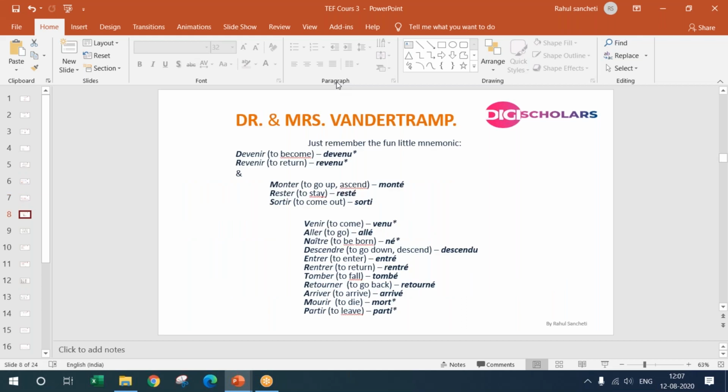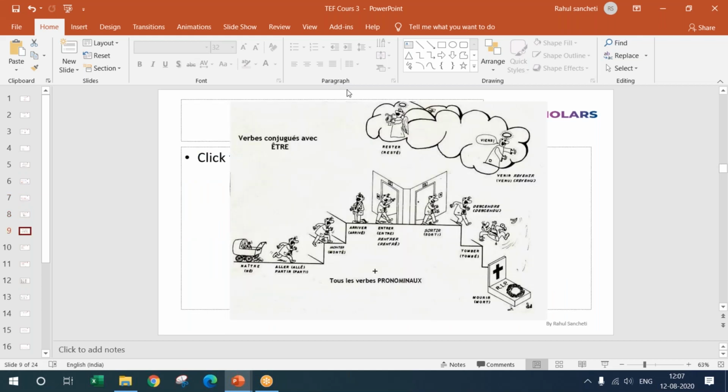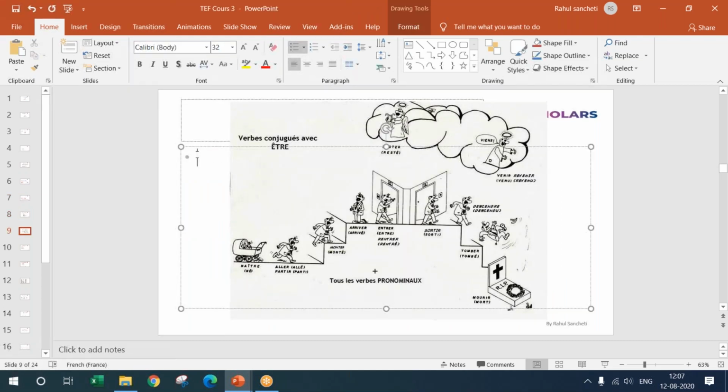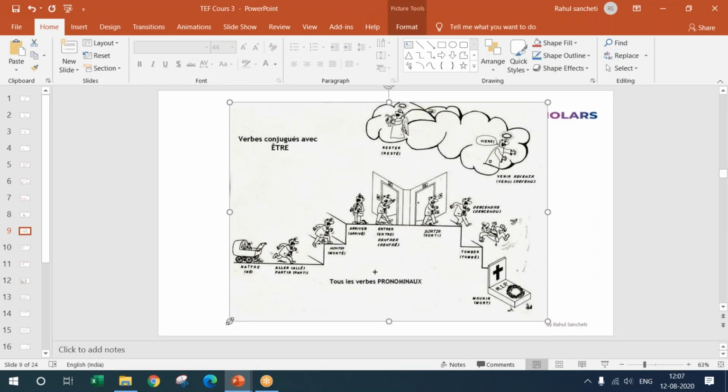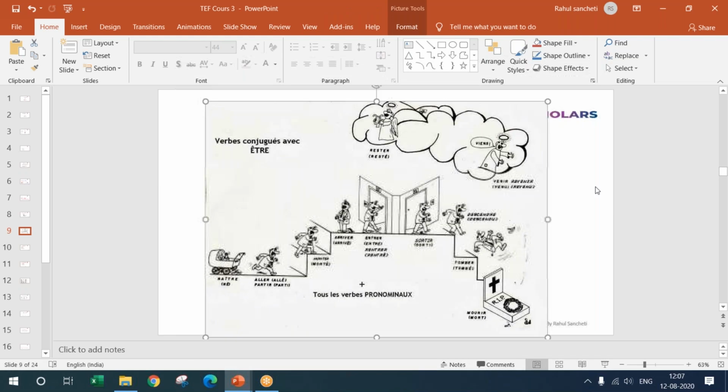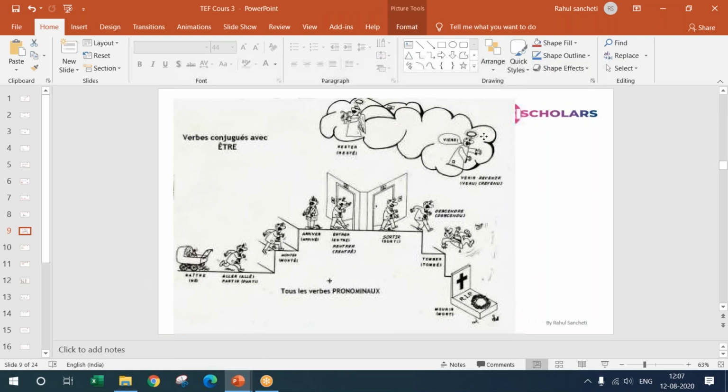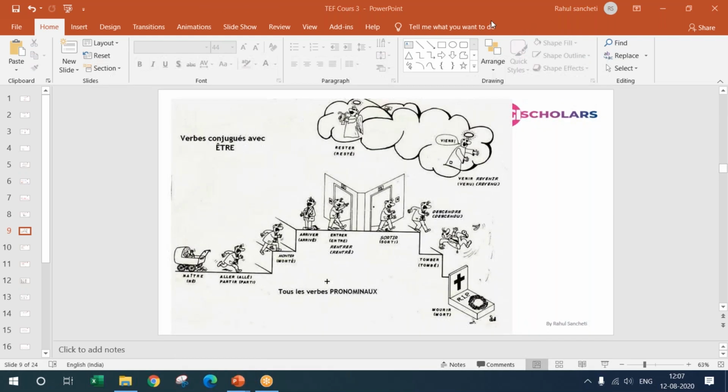Okay, I did miss that slide, and now looking at this picture, you would have a clear understanding of the verbs. So we'll start from the beginning.